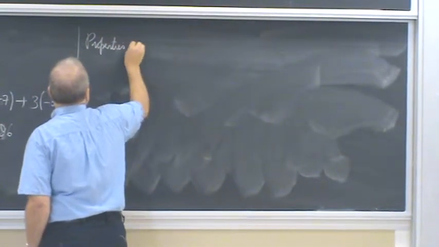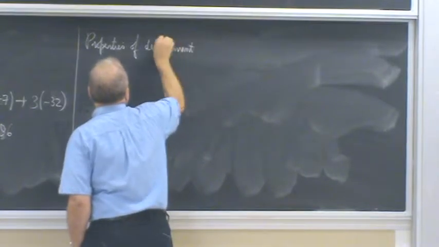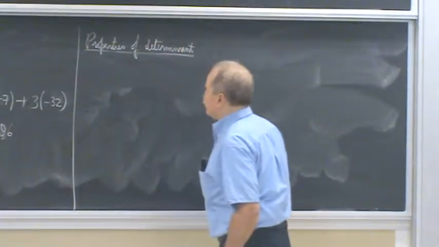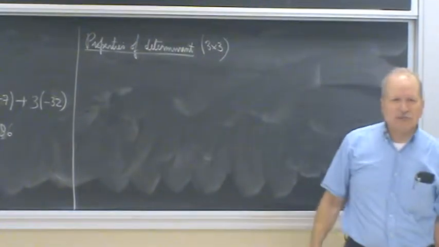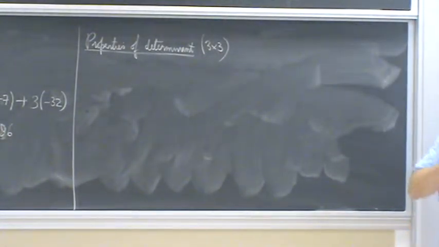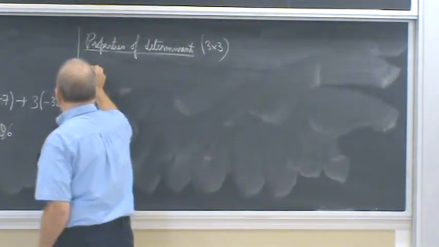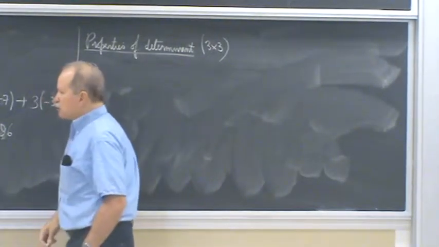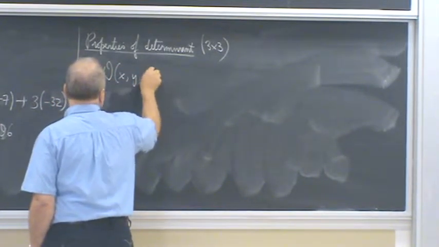So I suggested to you guys that the 3 by 3 determinant should have the same ilk of properties that the 2 by 2 did. So what was the first property we observed when we had 2 by 2s? I'll stick with x, y, and z, I guess.